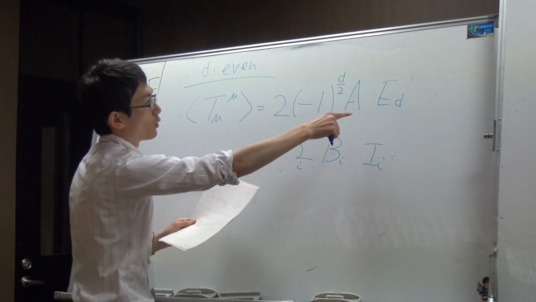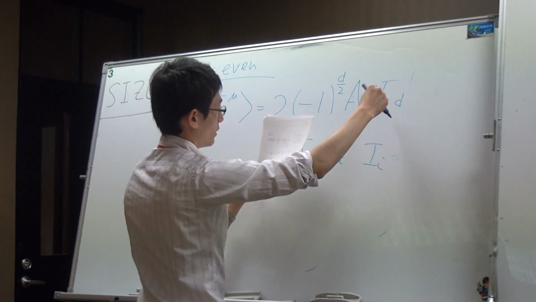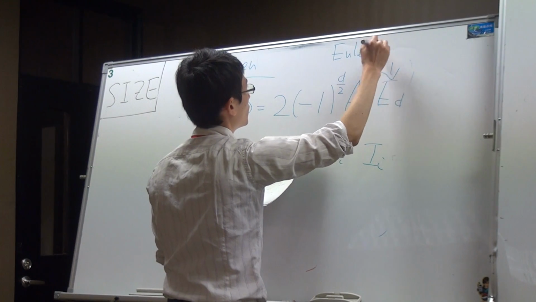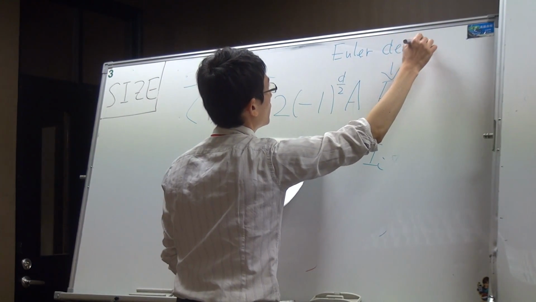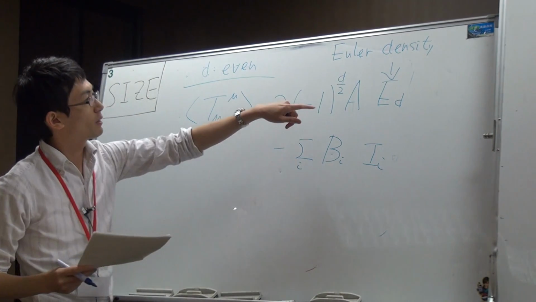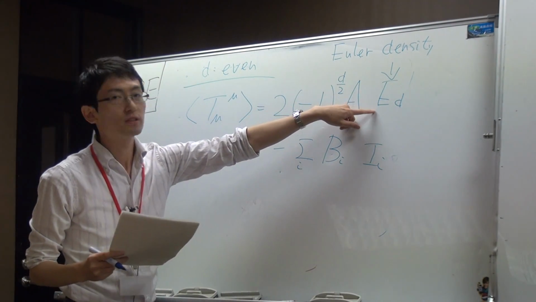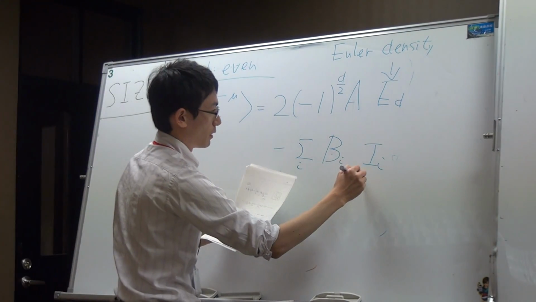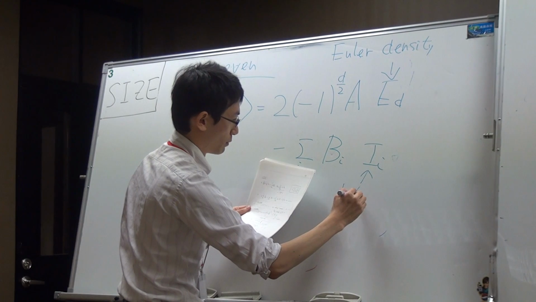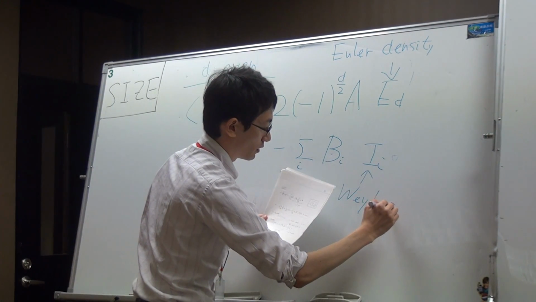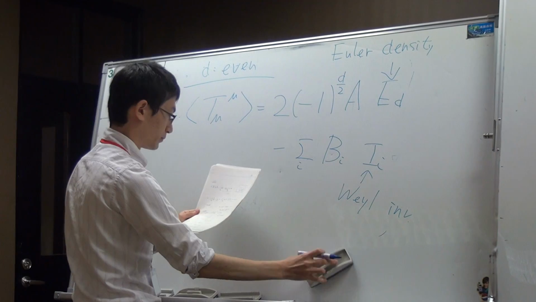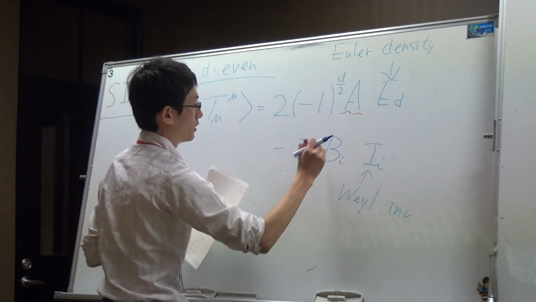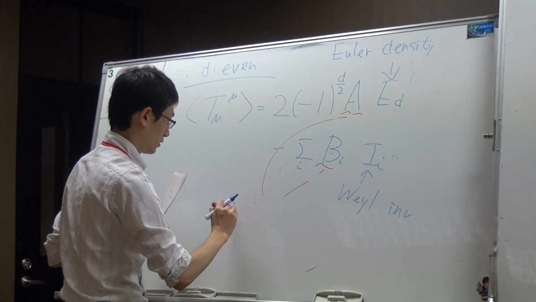Here E_D is the Euler density. This is a polynomial of the Riemann tensors, and these others are also polynomials made of Riemann tensors, called Weyl invariants. And A and B are the central charges.